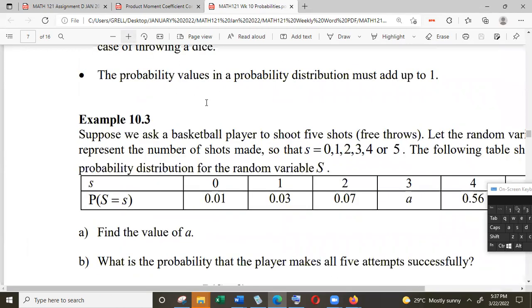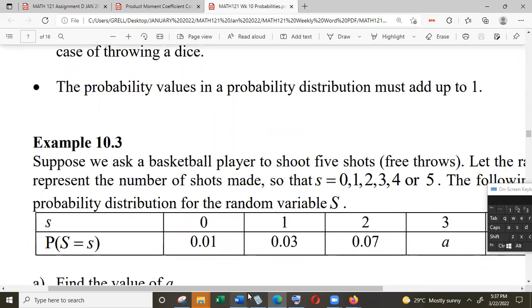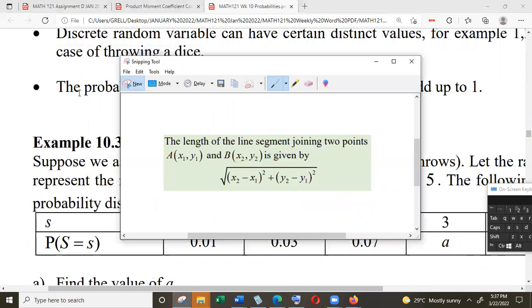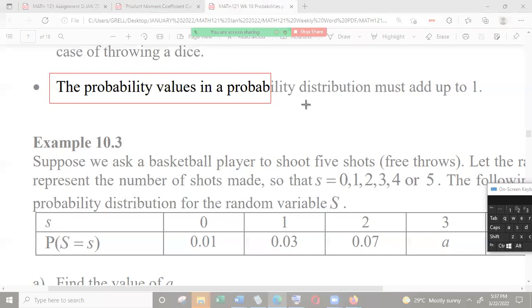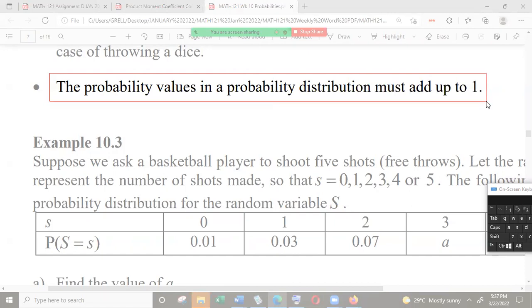And very importantly, as it is written here, the probability values must add up to 1. So please take note of that. Let's carry it forward. Very key point when you see a table like this.